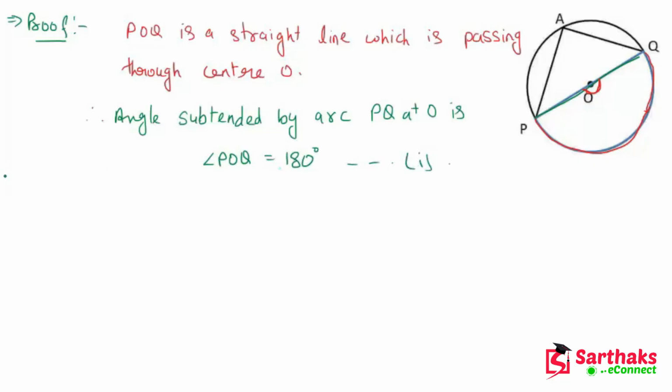And we know that by theorem 10.8, the angle subtended by an arc at the center is double the angle subtended by it at any point on the remaining part of the circle. So we can write angle POQ is equal to twice angle PAQ, by theorem 10.8.